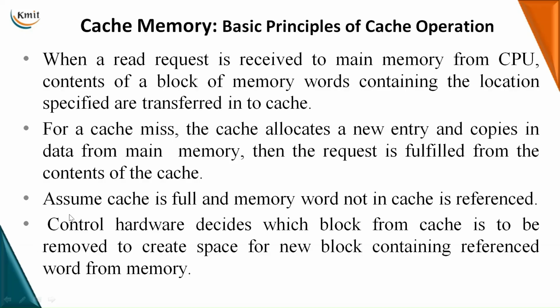So in that case, whenever the cache is full and the memory word is not in the cache, it is the responsibility of the hardware to decide which block already existing in the cache has to be removed in order to create space for the new block referred to by the CPU.